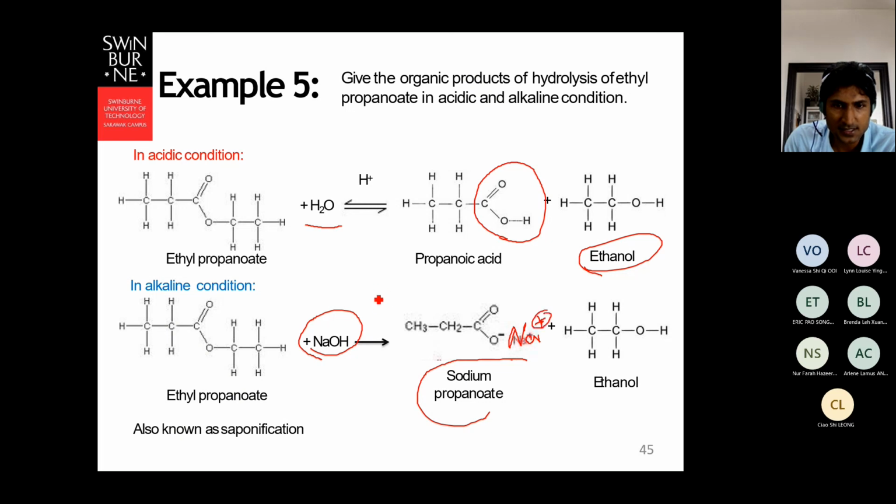Electrophile means positive charge, wanting negative charge. So it will be sodium propanoate and ethanol. The alcoholic part is the same, but the carboxylic part is different. Depending on the acid or basic medium, it has been hydrolyzed.